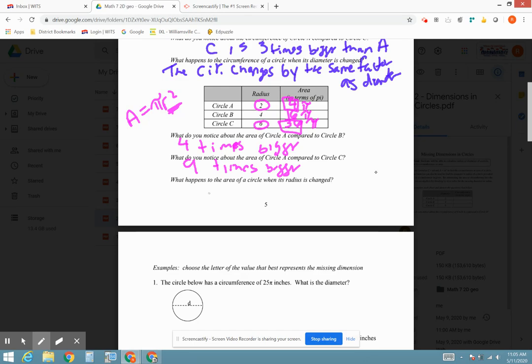Okay, so what happens to the area of a circle when its radius is changed? Let's word this differently.